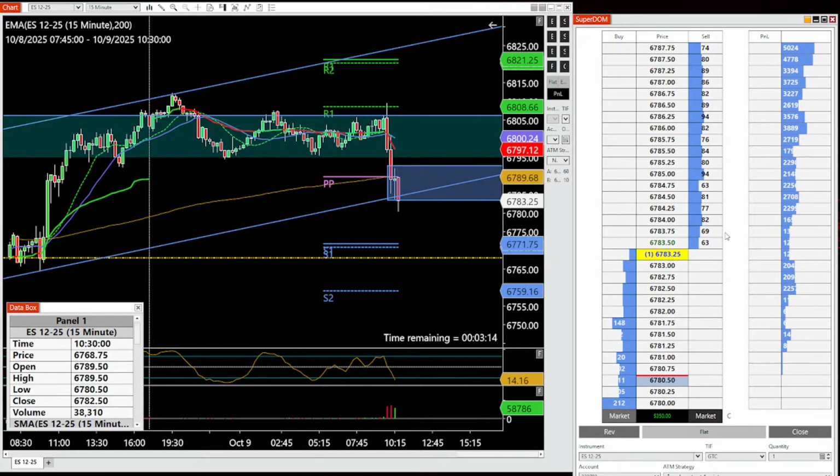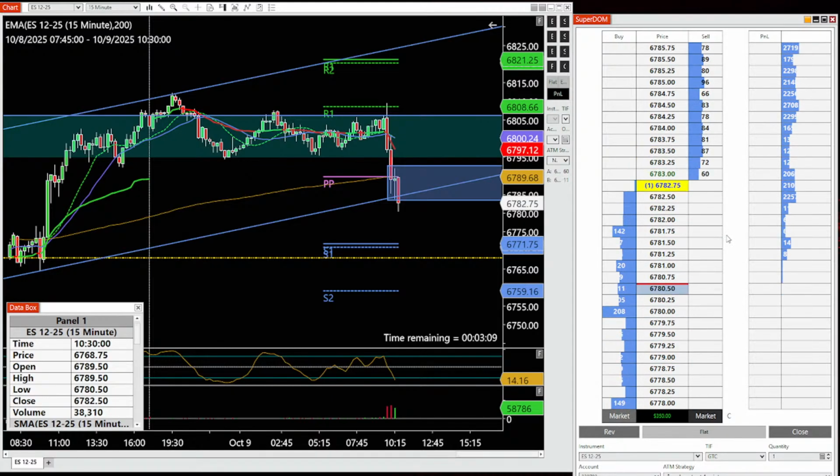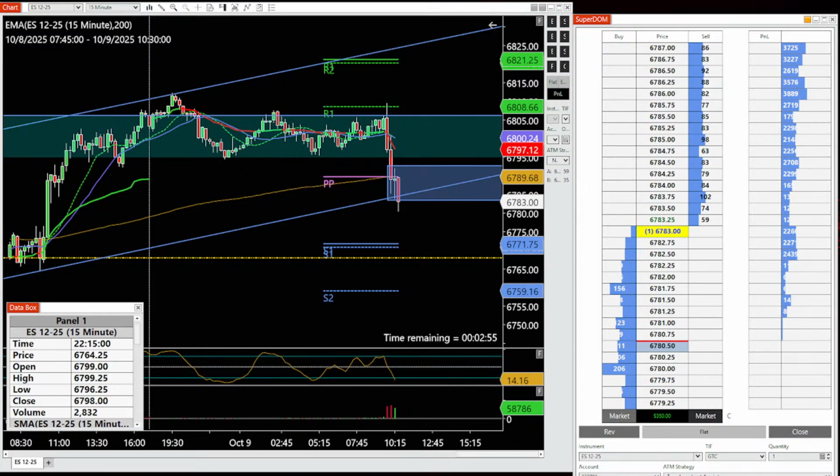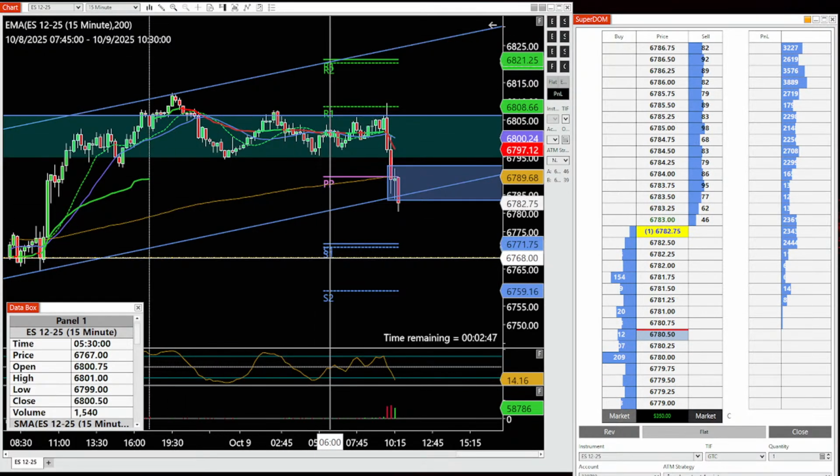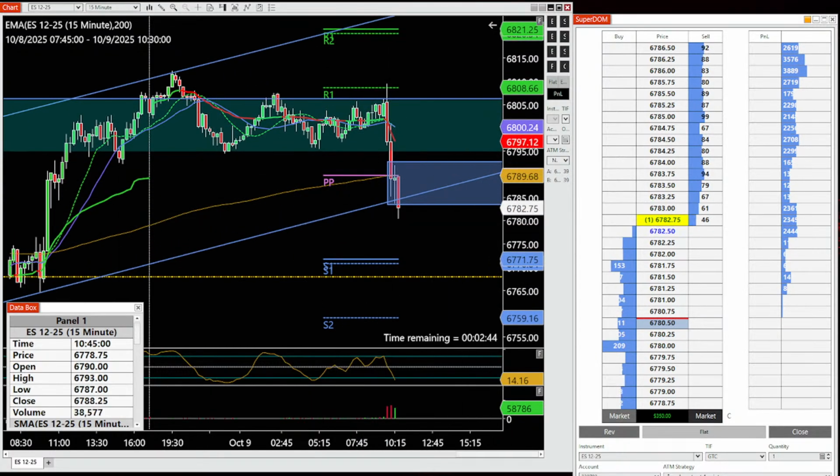Up to 82. Three points. What are we doing? This is the 15-minute bar. Still heavy. Still heavy. Still heavy.